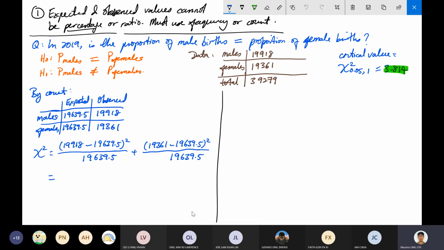This is 7.898. 7.898. Okay. So based on this, do you accept or reject the null hypothesis? Critical value is 3.814. Your statistic is 7.898. Do you accept or reject the null hypothesis? Gerard?